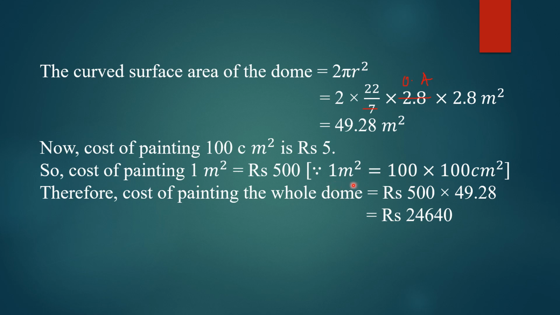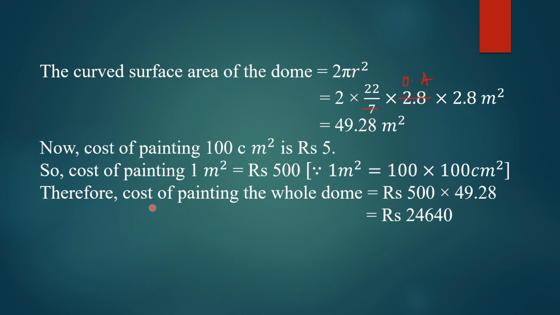Do you remember this relation between meter square and centimeter square, my children? We have found the curved surface area of the dome in terms of meter square. That is why we converted this cost of painting in terms of meter square. Understood this step, my children?